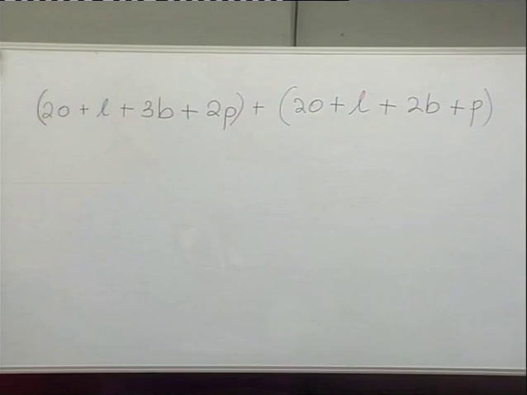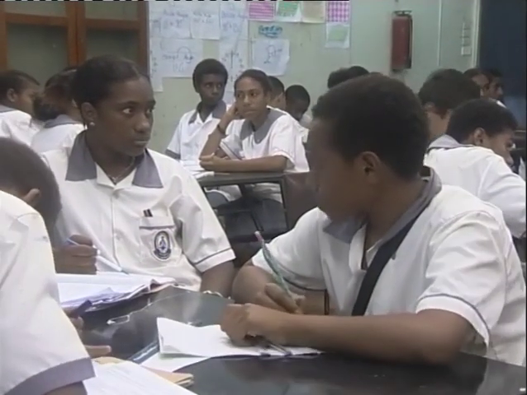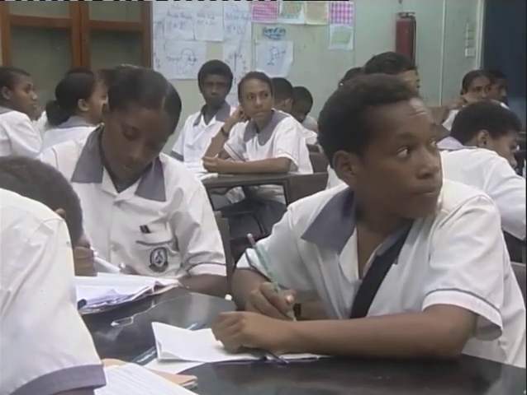All right, I'd like someone to come up in front and quickly remember when we are looking at like terms, we put all the like terms together and then we either subtract or add. So in here, these two groups, let's look at the first expression here.